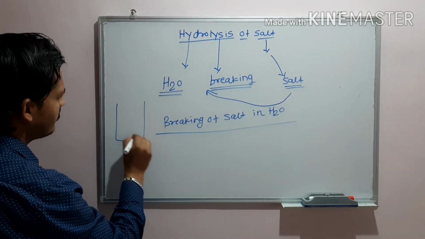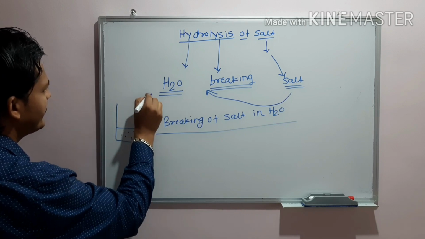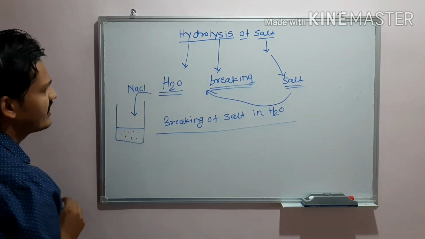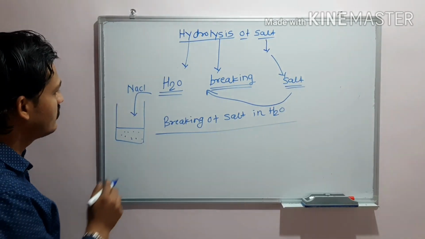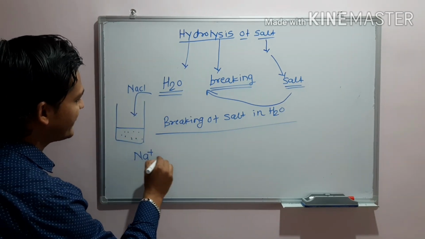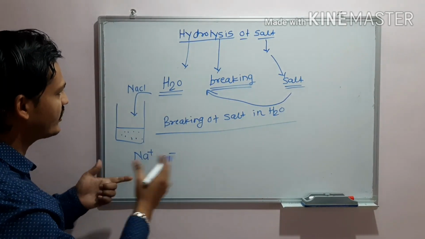If I take water in a beaker and add a salt like NaCl, the Na plus ions and Cl minus ions are separated. That is breaking of ions, breaking of salt.